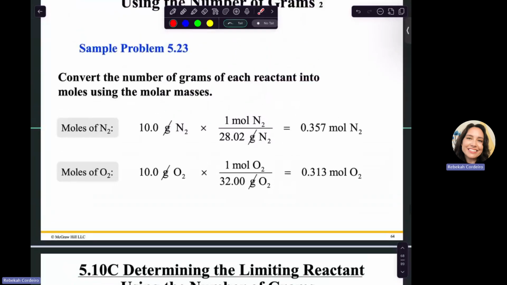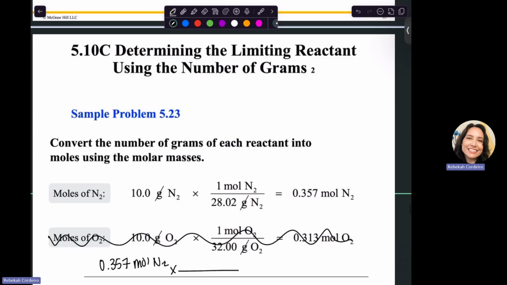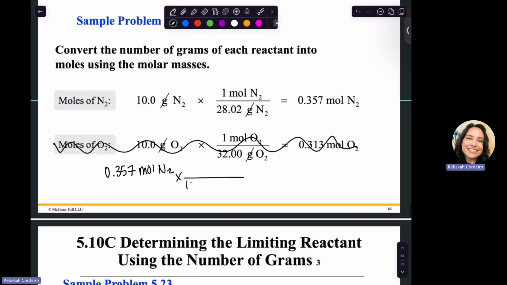And what they've done is, well, they did this a little bit backwards. I would not have done this. I would have said 0.357 mole N2, and just kept going. And then we would have said it's a 1-to-1 ratio. So 1 mole N2 is 1 mole O2.